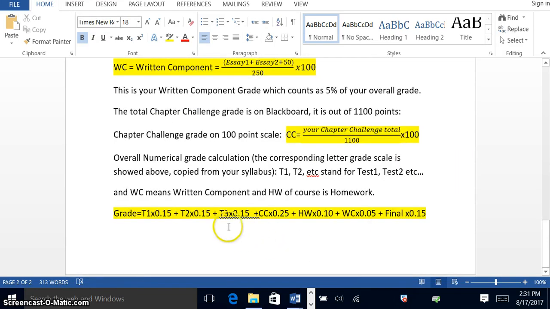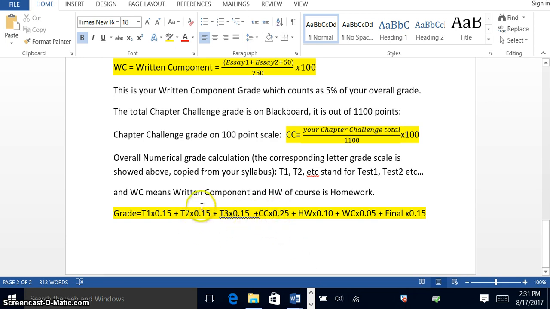This is the ultimate calculation for what your grade is going to be. Remember, this is really important because people get this confused. It is this calculation, not the total number of points on Blackboard. It gives you a generic total number of points.